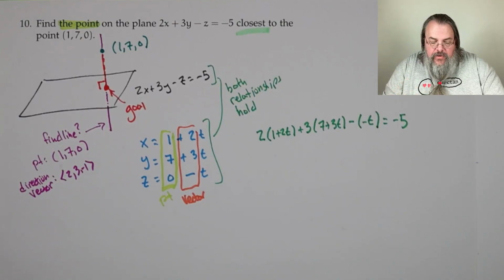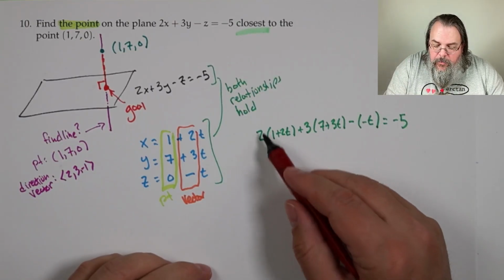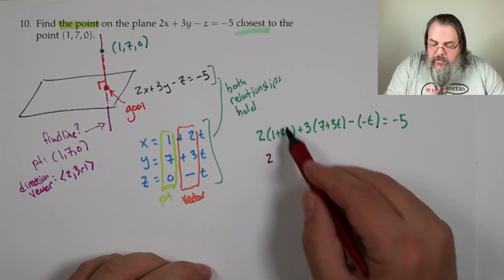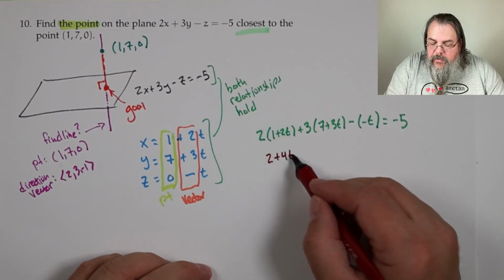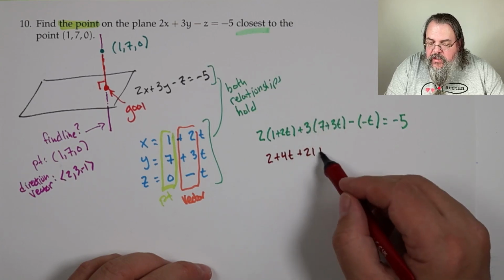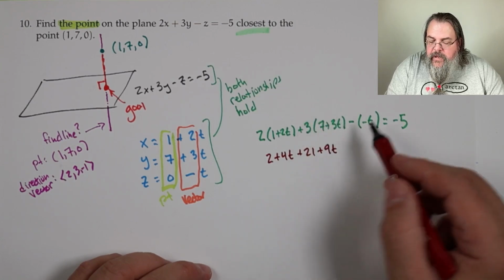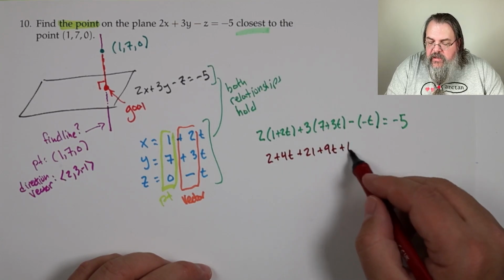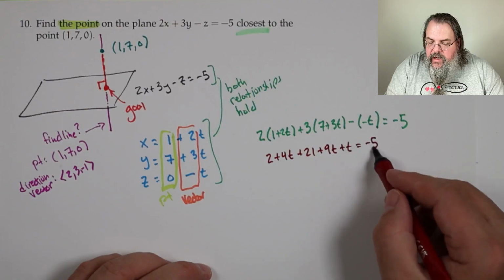So we now do a little bit of cleaning up. We can distribute. So we say, okay, we get 2 times 1, and 2 times 2t. So we have 2 plus 4t, 3 times 7 is 21, 3 times 3t is 9t. Minus t makes a plus t, equals -5.